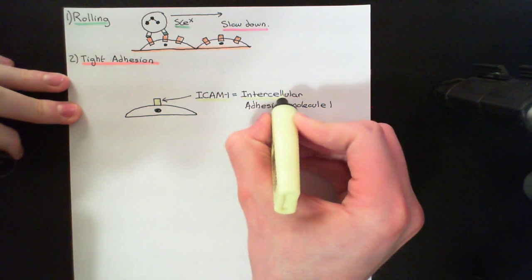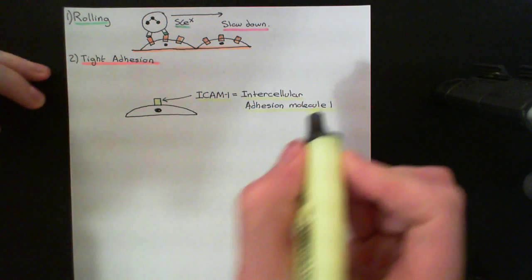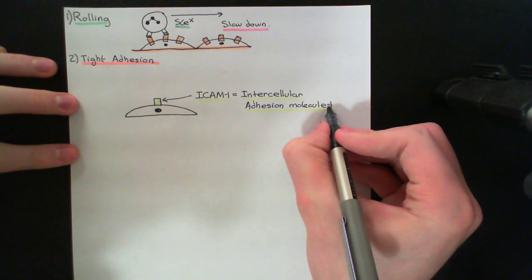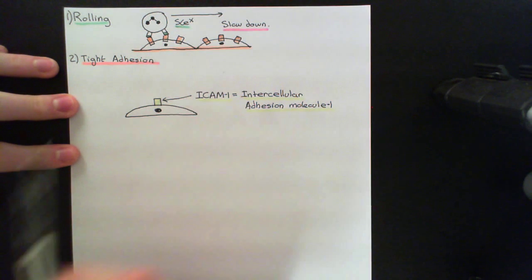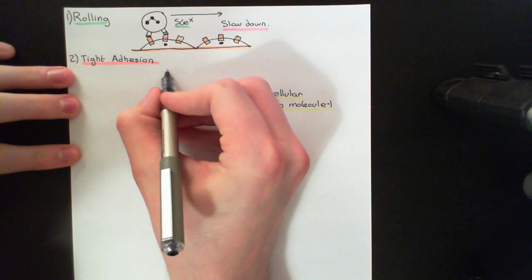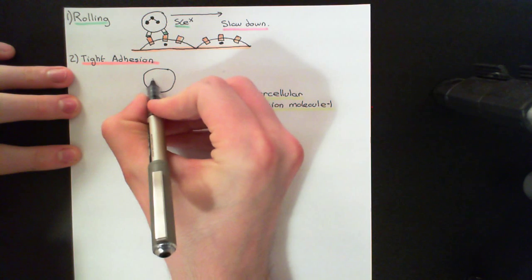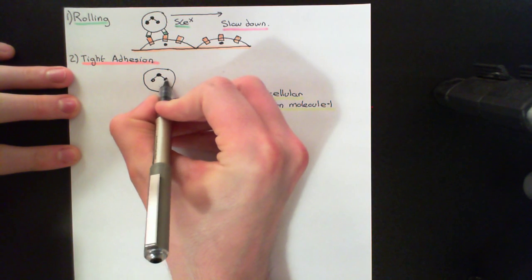Okay, so endothelial cells have this intercellular adhesion molecule 1 on their surface, and this is capable of forming a tight adhesion with a molecule on the surface of the neutrophils, provided that you already have the apparatus for slowing neutrophils down. If you haven't slowed neutrophils down, then this tight adhesion cannot form. So let me now draw my neutrophil here again, and once again I'll draw its multi-lobed nucleus here.